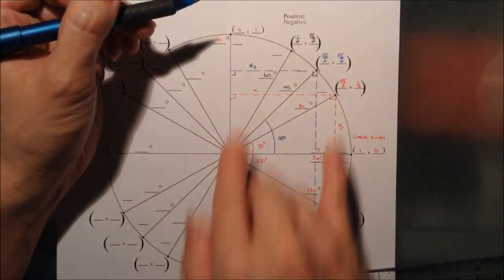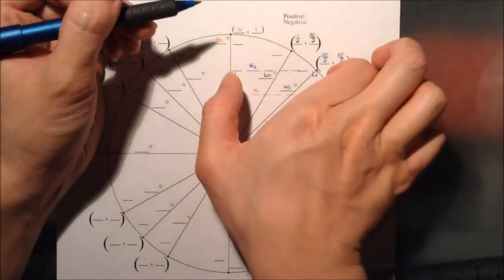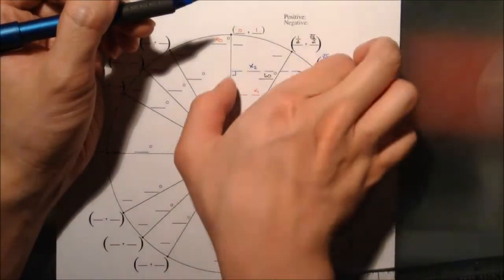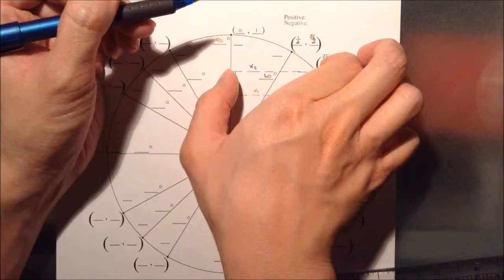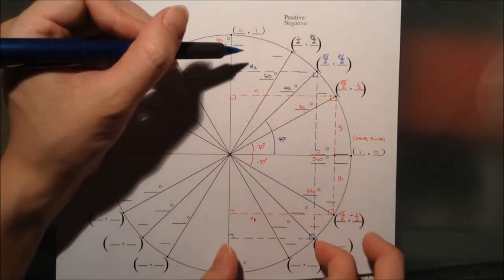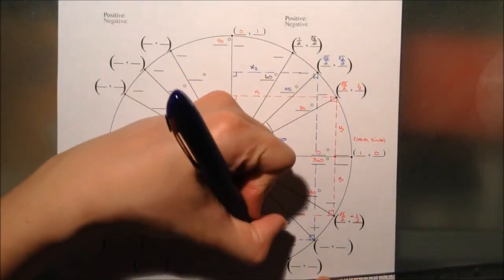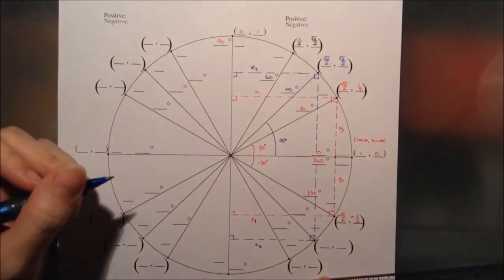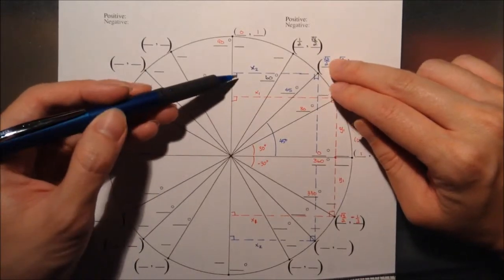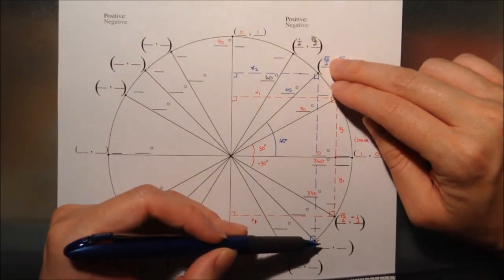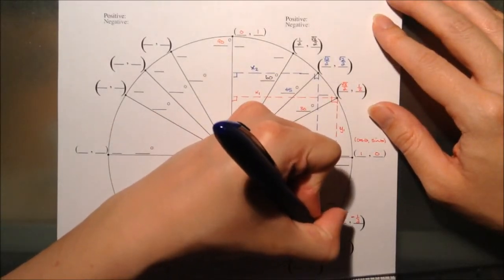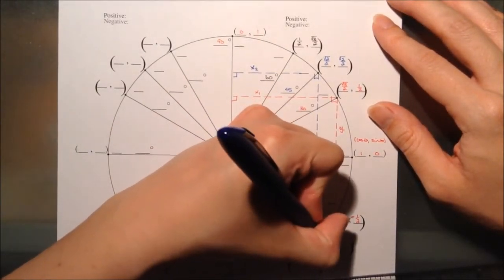So if these two lines are parallel, and the same distance between these vertical lines, then the value of x2 will be the same at the bottom horizontal line. So over here would also be x2. So if my x2 value is square root of 2 over 2, then it would be the same over here. So I can safely say my x coordinate is square root of 2 over 2.